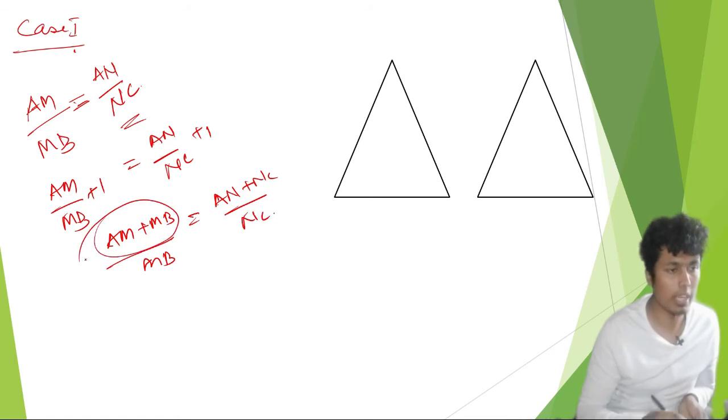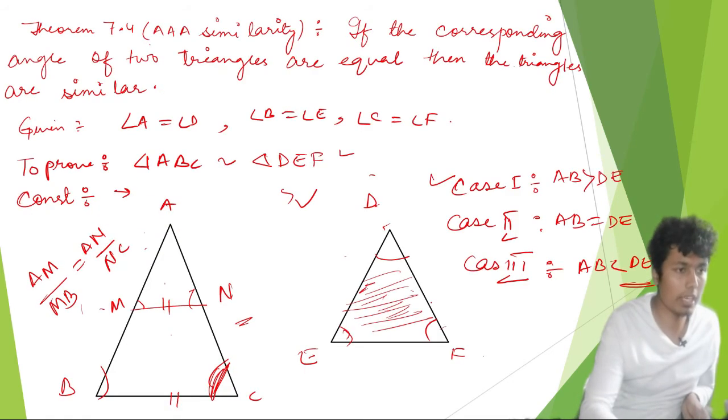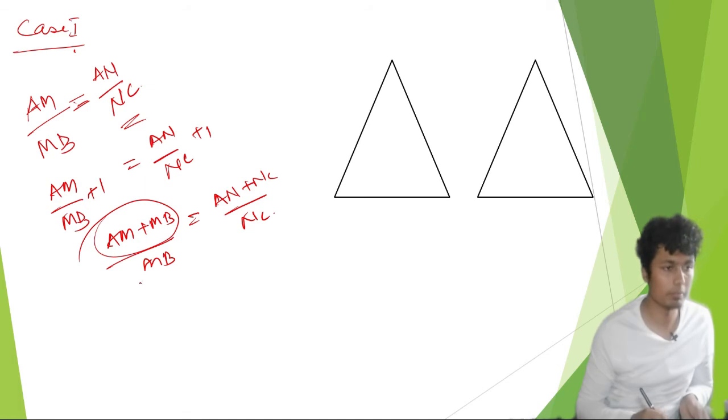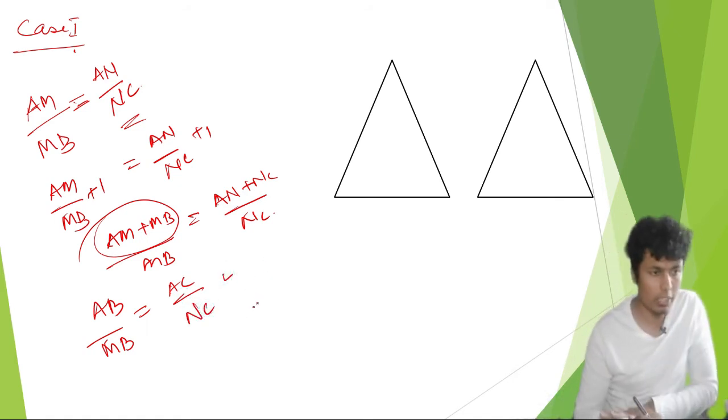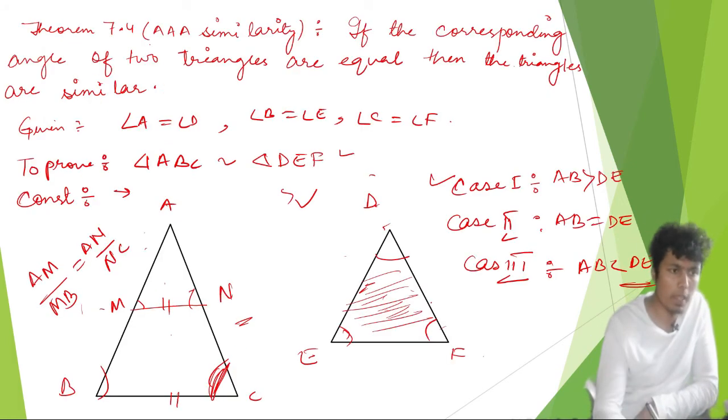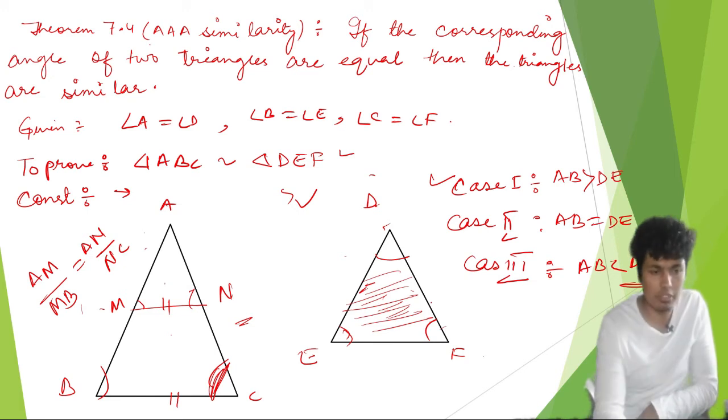So AM plus MB, that is AB, by MB is equal to AN plus NC, that is AC, by NC.